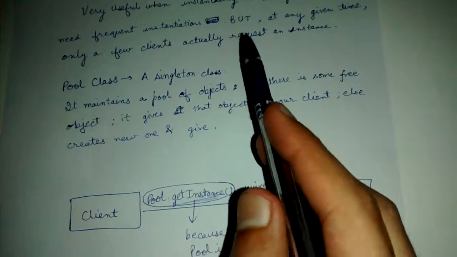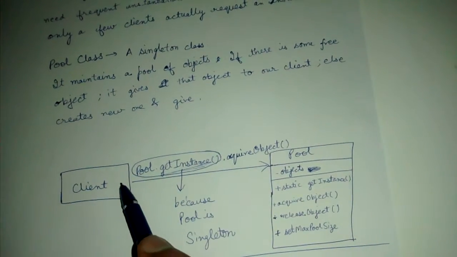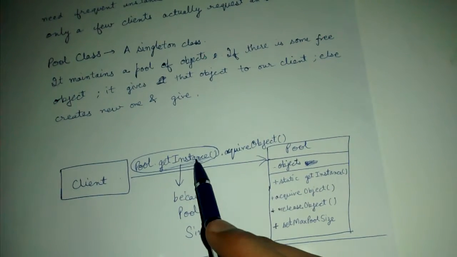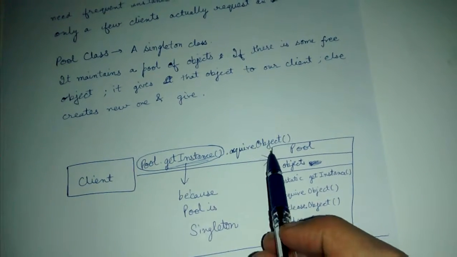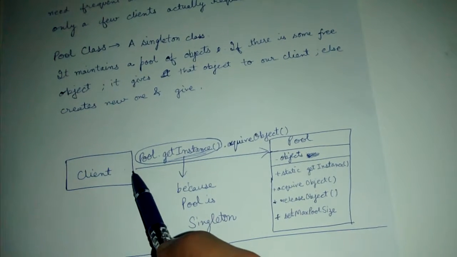So basically in our design pattern, whenever a client requires an instance of my class, it will request an instance and I will provide my client with that instance.